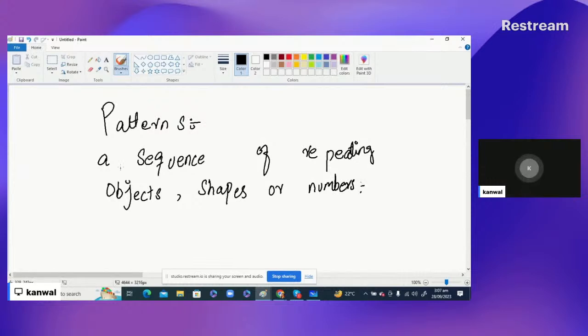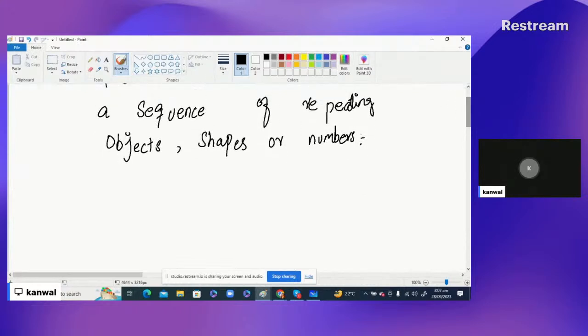Okay. So, what are patterns? A sequence of repeating objects, shapes, or numbers. All right then. For example, let's just take an example of that.